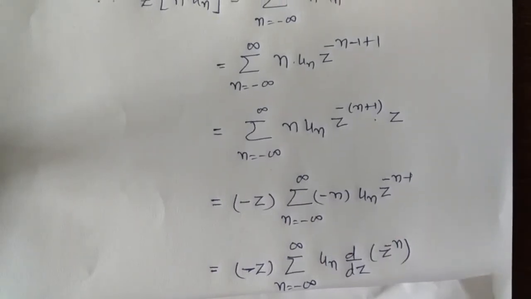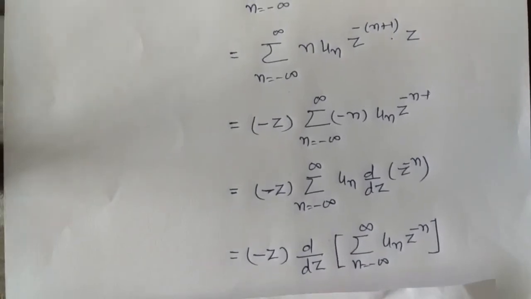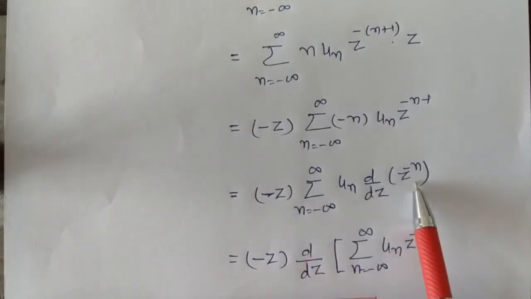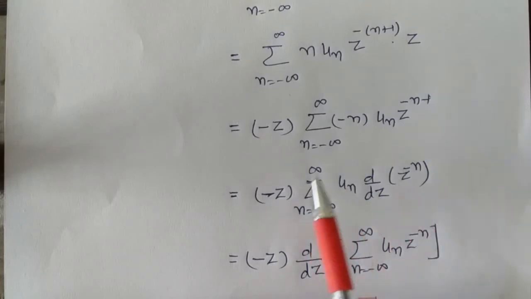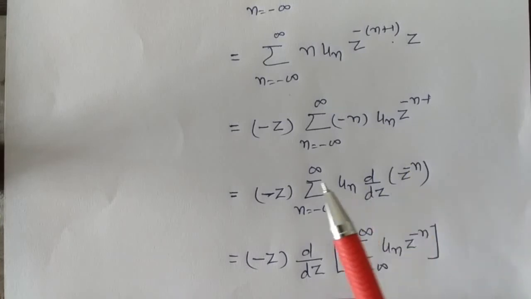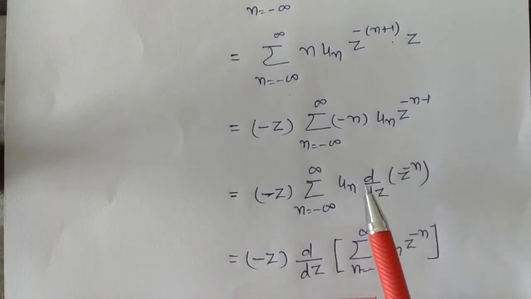Now we write this expression as minus z as it is. Now d by dz, the sum of derivative is equal to derivative of sum. So we write d by dz of summation n goes from minus infinity to plus infinity u_n z^(-n). Again, the sum of derivative is equal to derivative of the sum.